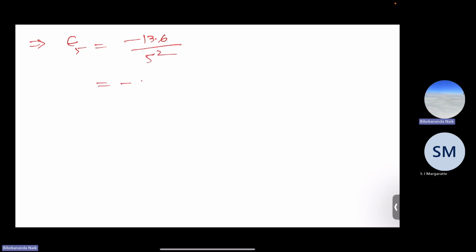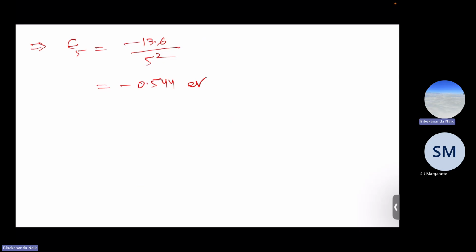What will be the value of energy of fifth orbit? E5 will be minus 13.6 divided by 5 square, which comes out to be minus 0.544 electron volt.